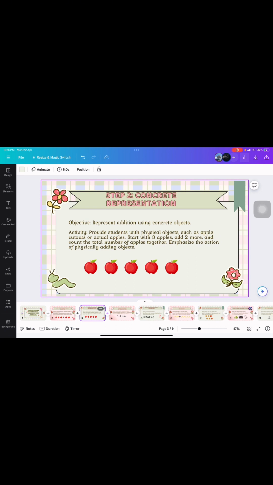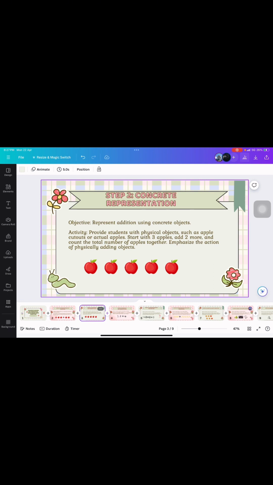Emphasize the action of physically adding objects.